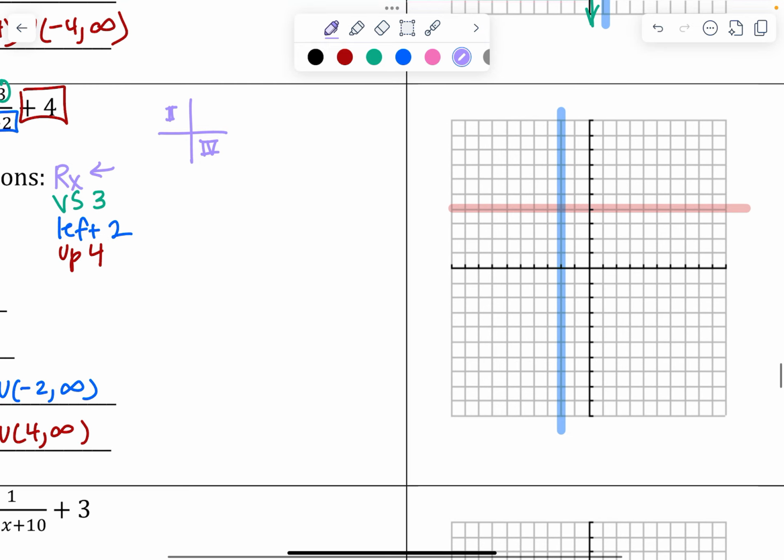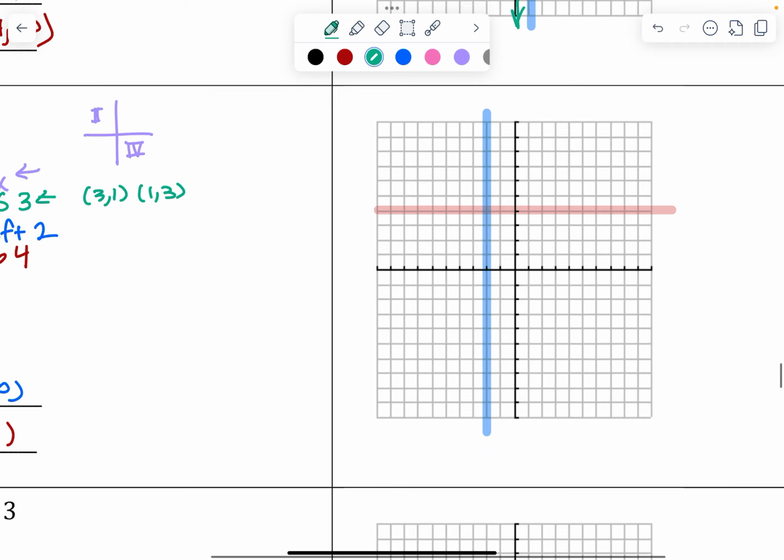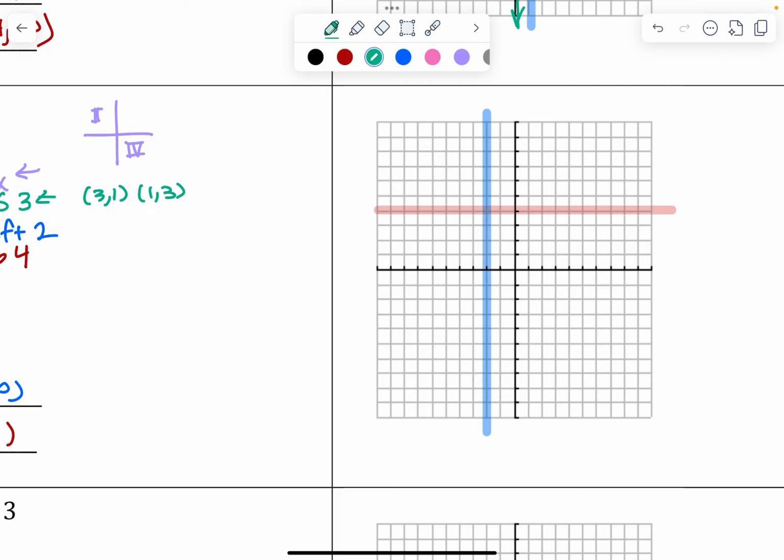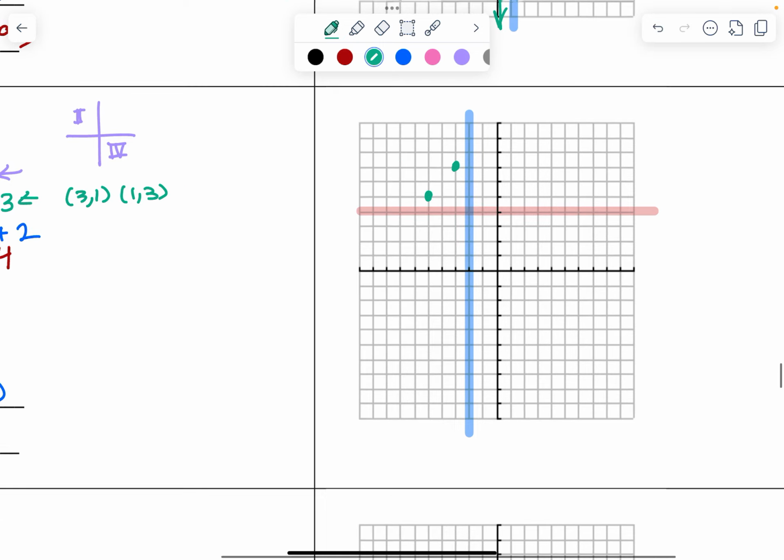The vertical stretch by 3 means I'm going to have a (3, 1) point and a (1, 3) point from my new origin, but we don't want quadrant 1. We want these in quadrants 2 and 4. So (1, 3) and (3, 1) in quadrant 4.